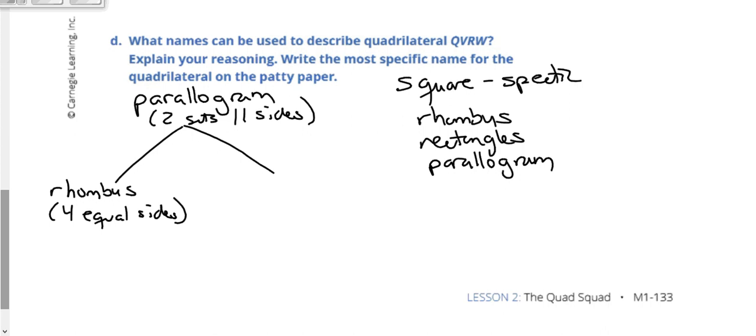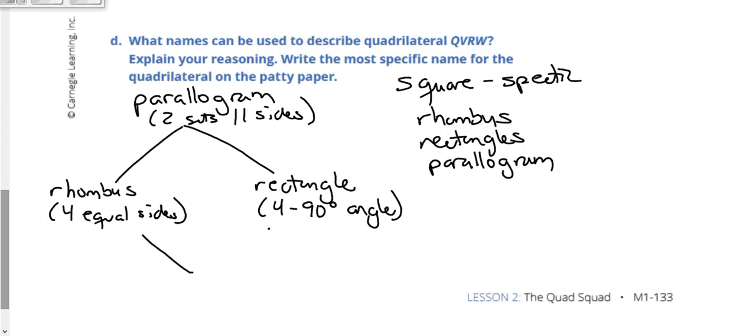All the properties that come from that are great, but to say that something is a rhombus, you just need 4 equal sides. Then you also have a rectangle. That can be called a parallelogram, but for a rectangle, all you need is 4 90-degree angles. Now, a rectangle has parallel sides, so that's why it can be called a parallelogram, but if you know you have 4 90-degree angles, you have a rectangle.